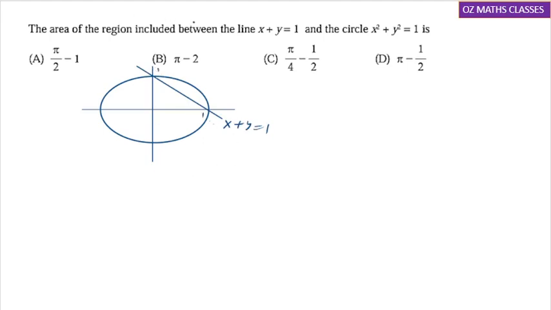We have to find the area of the region included between this line and the circle, and this is a quarter of the circle.